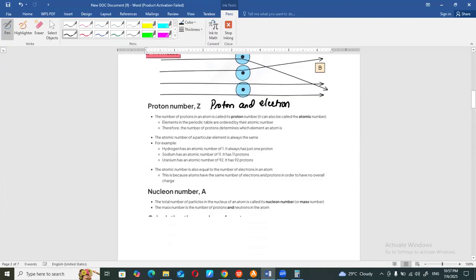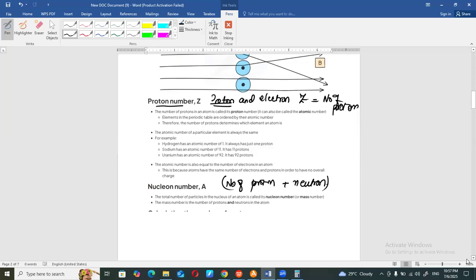But when you say proton number, we are talking about the number of protons, represented as Z. And then we have the nucleon number, which is the number of protons plus neutrons, combined to give you the nucleon number, represented as A.